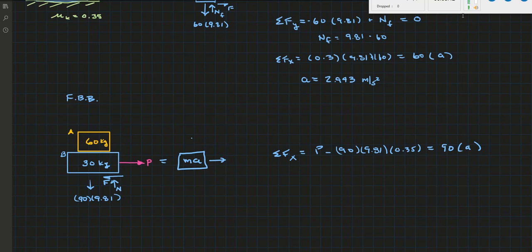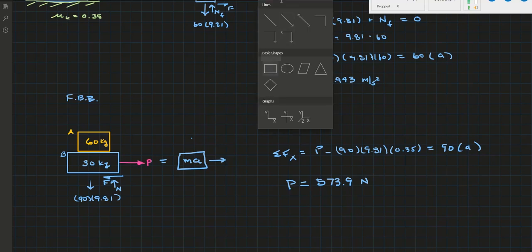So we can now solve for P. P equals 573.9 newtons. If we pull with a force higher than that, we will get slippage up above.